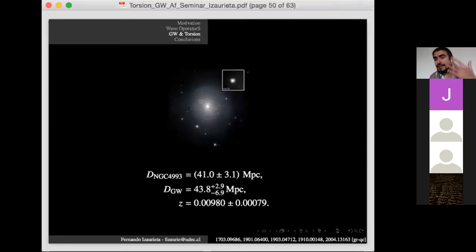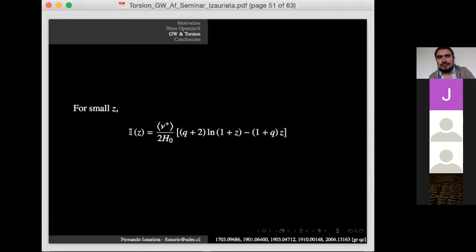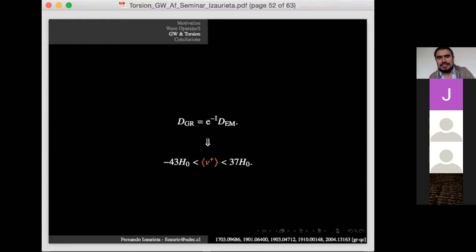The luminosity distance has been measured through electromagnetic waves and through gravitational waves. And actually, the constraint is very bad because it is too close. It is like at 100 megaparsec. For a small zeta, you get that expression for this integral and this constraint for one component of torsion. I mean, it is just an exercise.